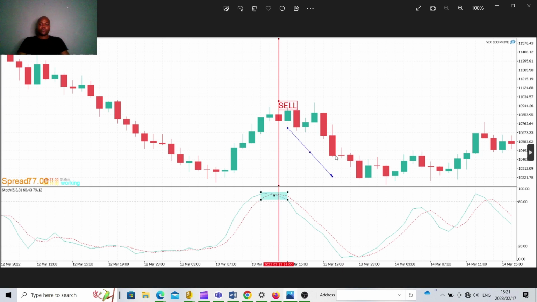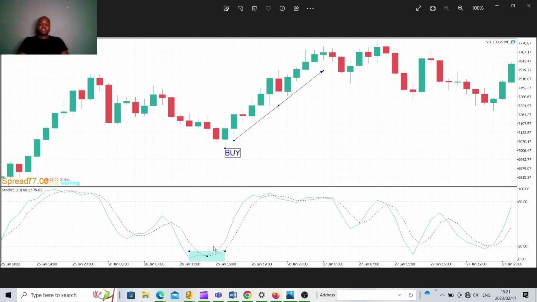When generating signals, for example a sell signal, we want the two lines, the main line and the signal line, to cross whilst above the 80 level, our overbought region. So we sell here and we move with the market downwards. We can also generate a buy signal when there is a crossing whilst in the oversold region, and we buy.